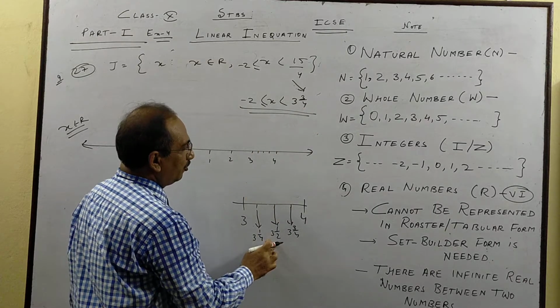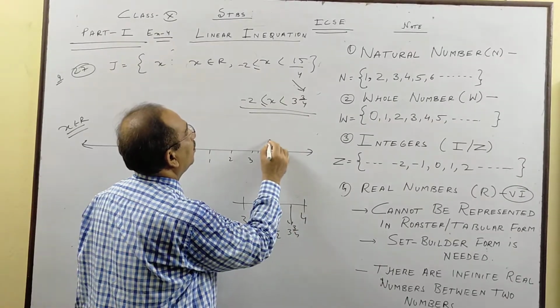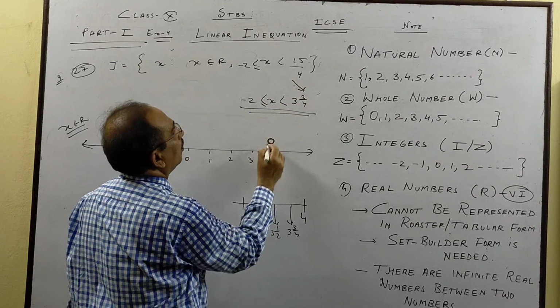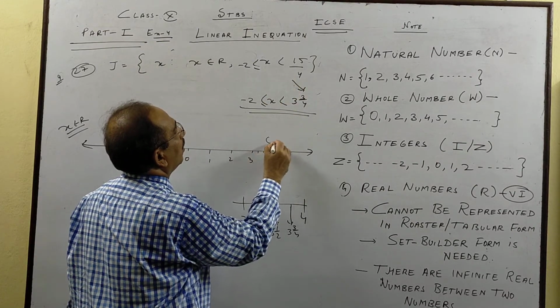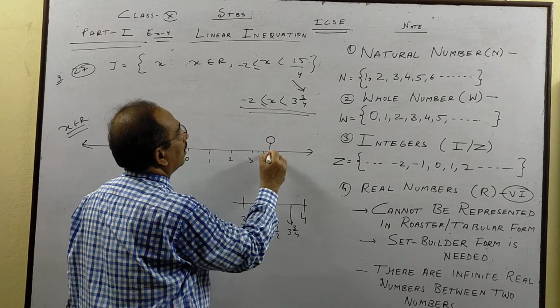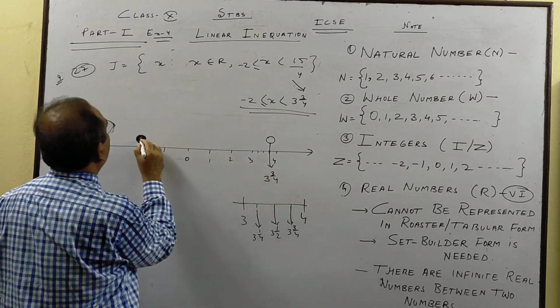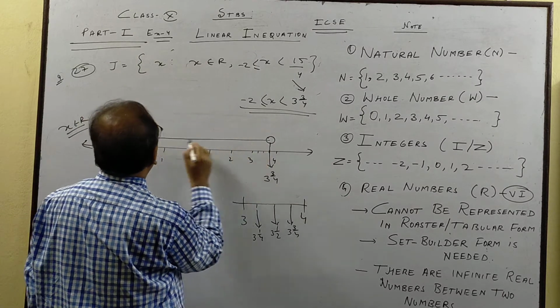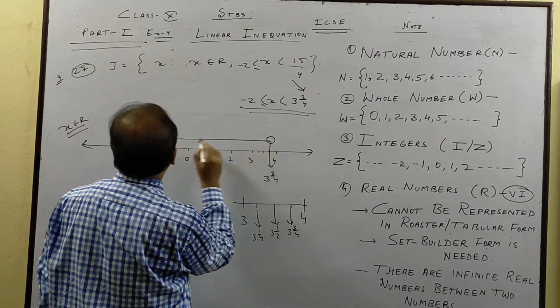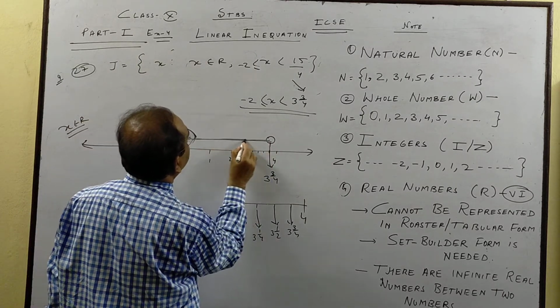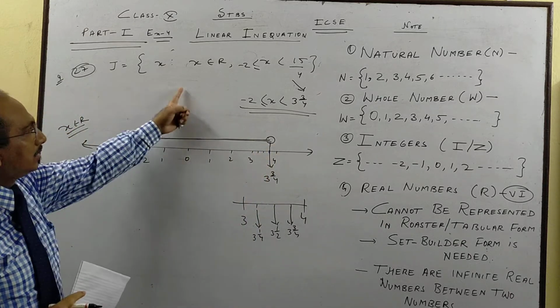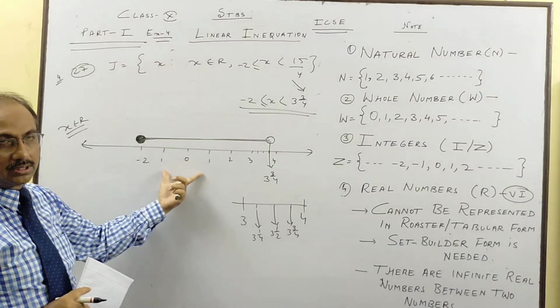Here what we do? We draw a hollow circle, and you write 3 by 4 and join them, and this is the plotting of this.